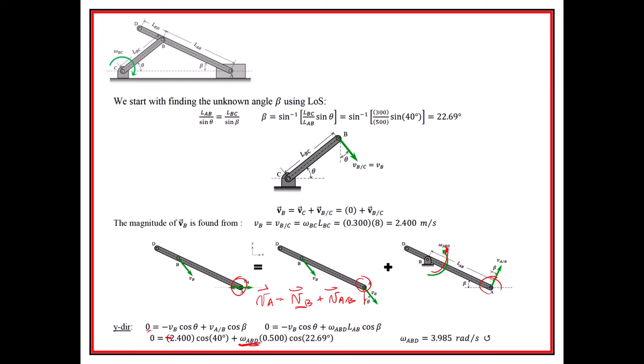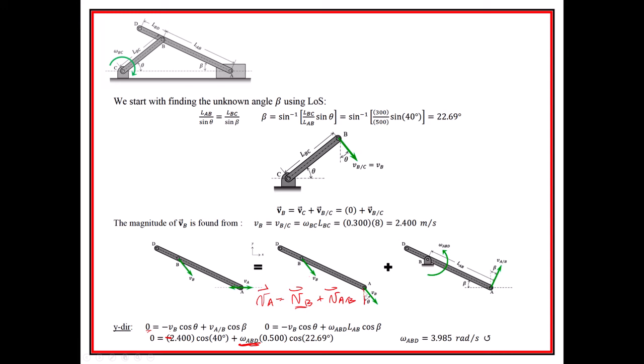Oh, and by the way, when doing this, we had to assume a direction, or we could have thought our way through it. Similar to what I mentioned in a previous example, you can use the 3-diagram method to think your way through what direction this has to rotate in order to make this true.